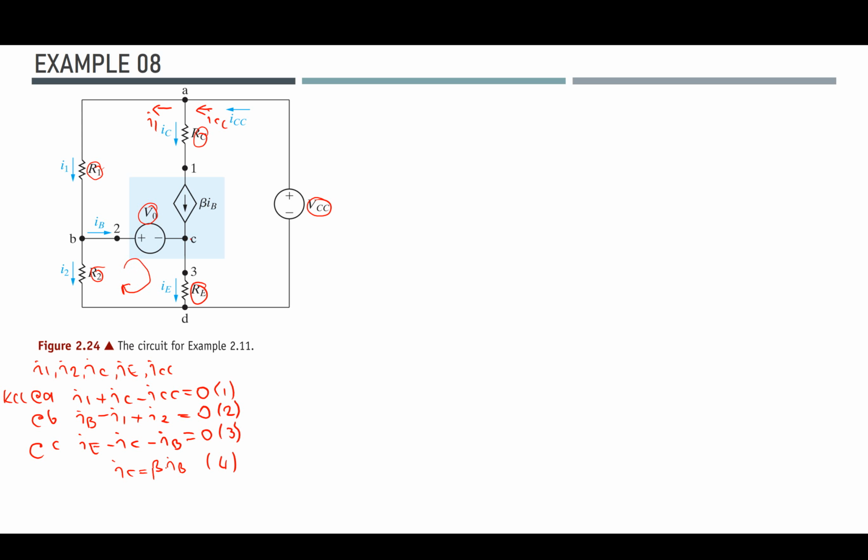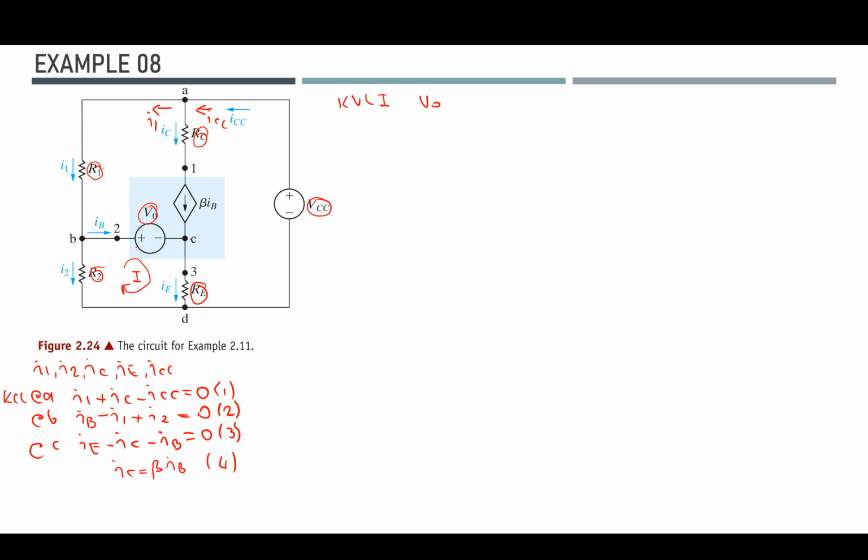So if I write the KVL at loop 1, let's say this is the loop 1, according to the KVL I can write down this equation.